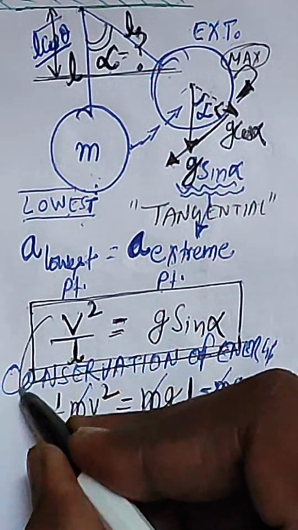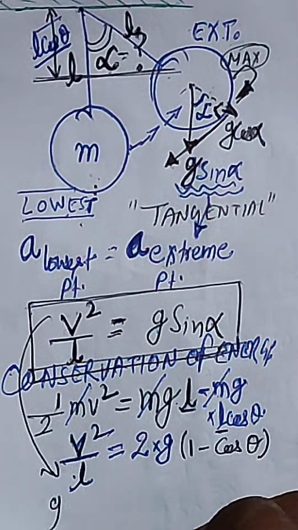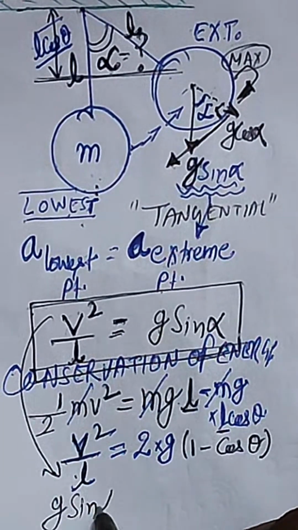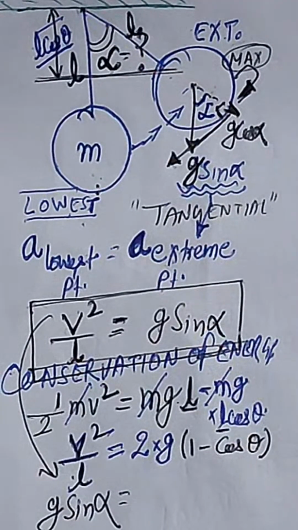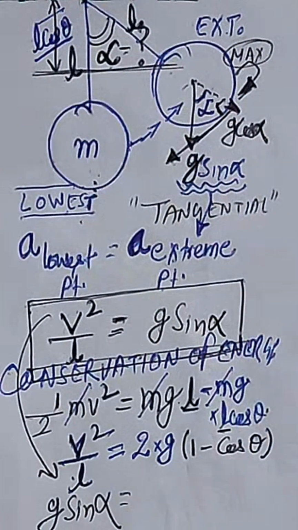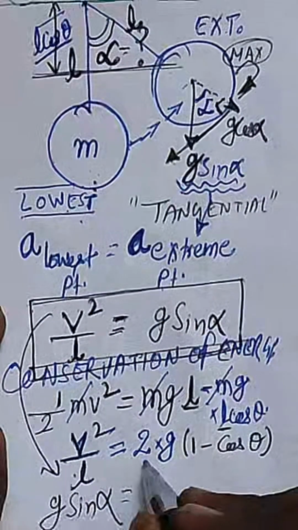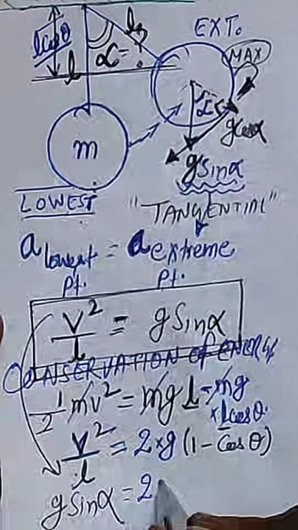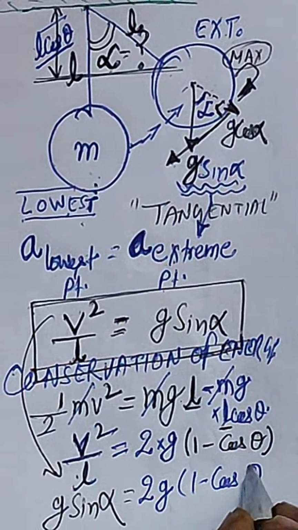So just use this relation over here and it will become g sin alpha on the LHS equal to 2g into 1 minus cos theta.